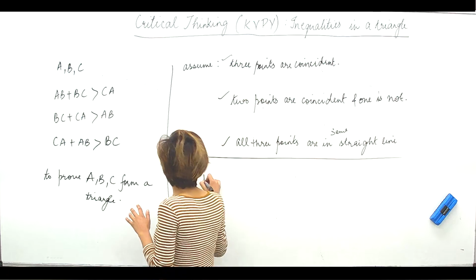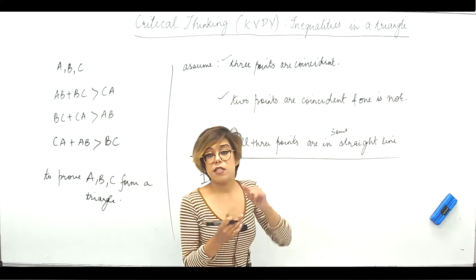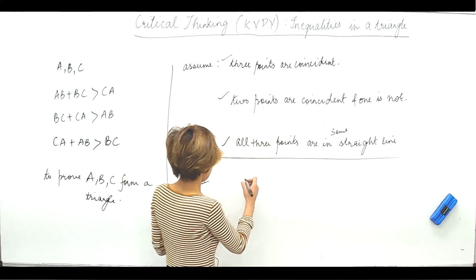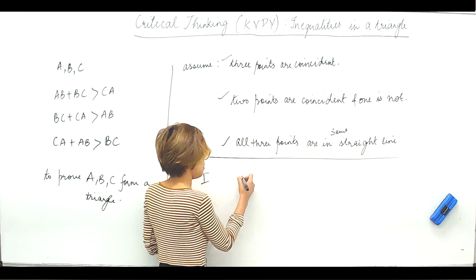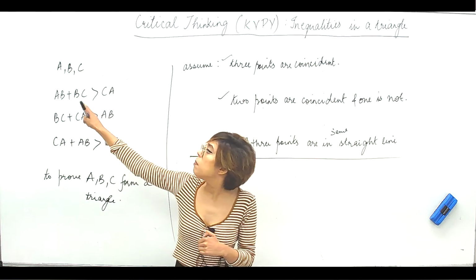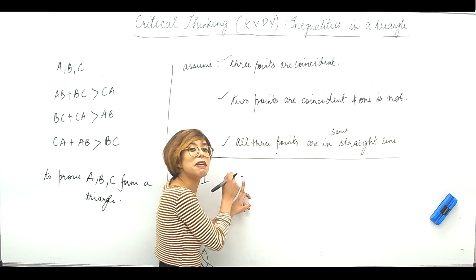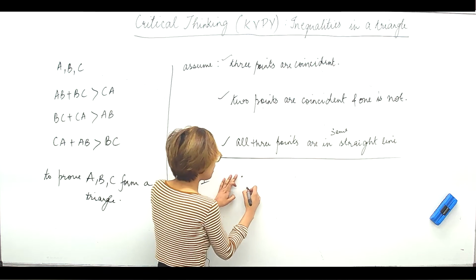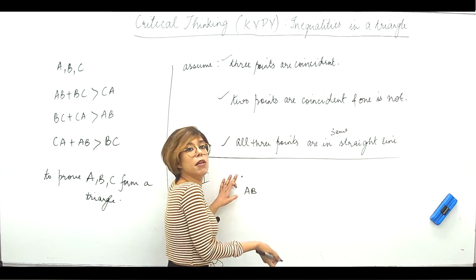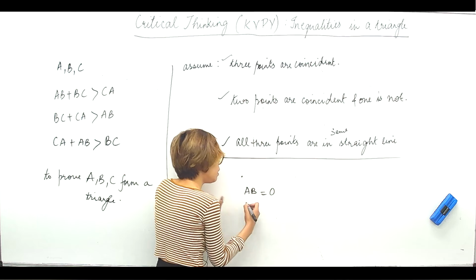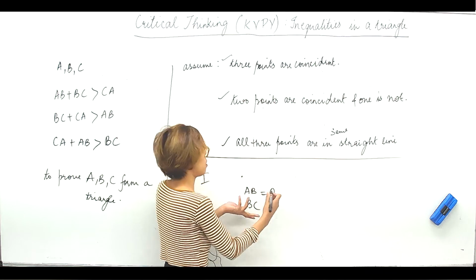So first one. 3 points are coincident. They are talking about AB, BC, CA. Now tell me, if A, B, C are all the same point, what is AB? AB is 0. BC is 0.